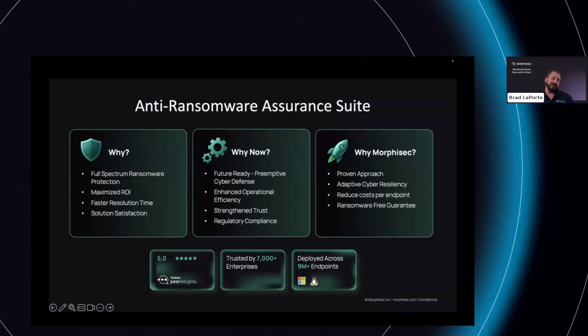We provide that full spectrum ransomware protection, being able to do it pre, during, and post execution. Maximizing your return on investment, so mitigating resources on your systems and your personnel, faster resolution time, and overall solution satisfaction, and future ready.